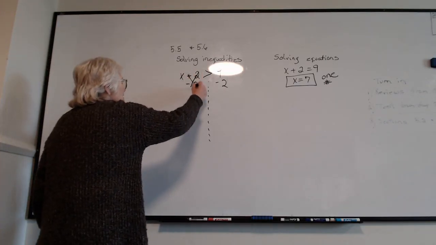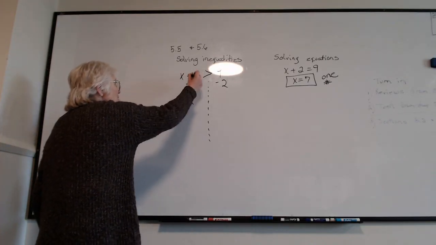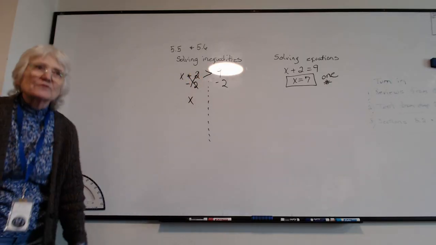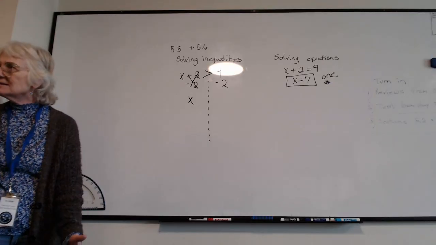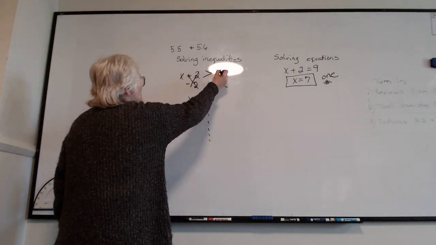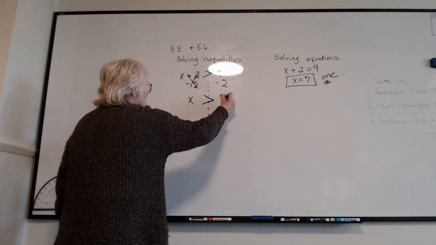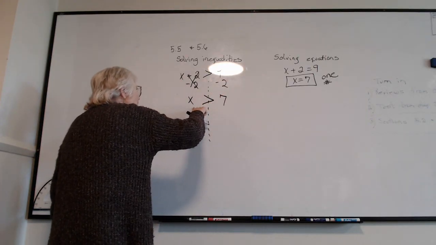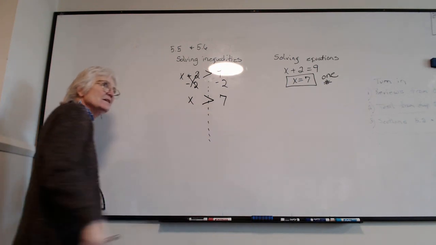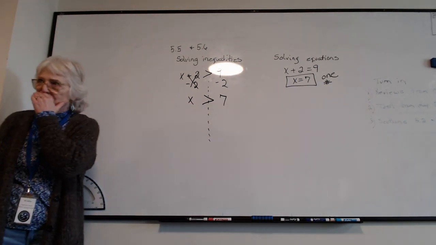That cancels, giving me x here, because a positive 2 and a negative 2 make 0. I don't have to write a 0 down when I'm adding it. The inequality does not change. 9 minus 2 is 7. So we have values. This is saying that values that are greater than 7 make this inequality true.